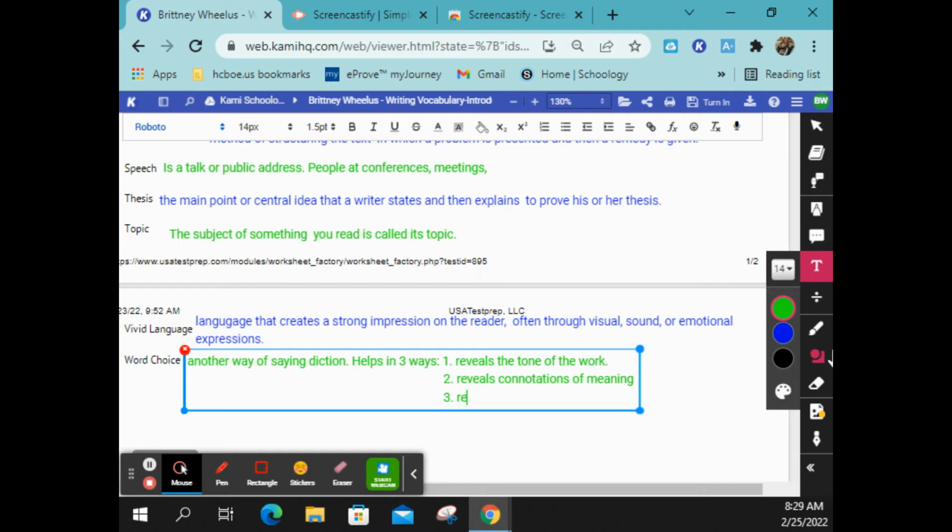And 3, it reveals the author's style of writing.